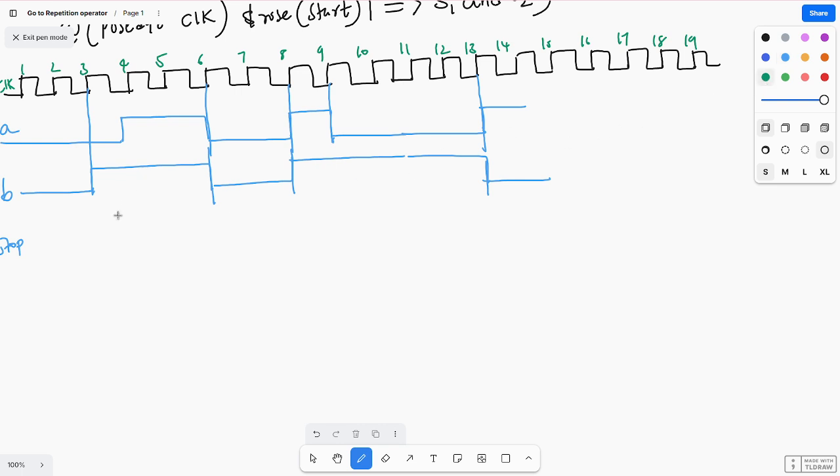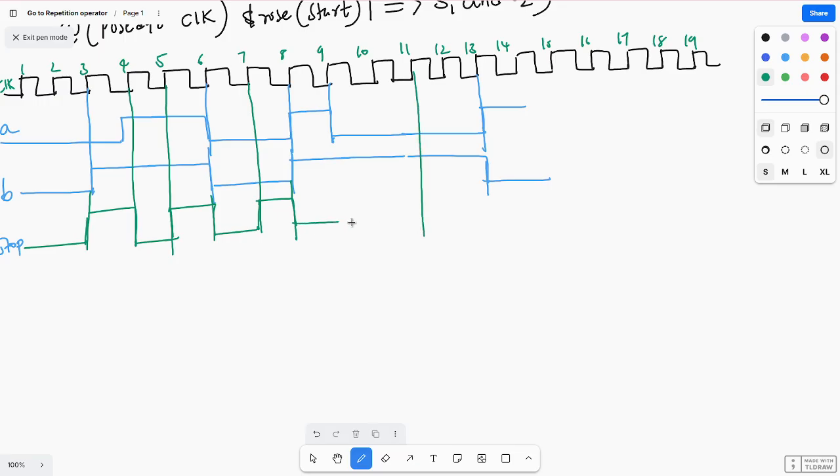At 3 it will be 1, 3 and 4, and 4 and 5, and 5 and 6 again it becomes 1, and 6 and 7 it will be 0, and 7 and 8 again it becomes 1, and till 11 it will be 0 only, and again it becomes 1.